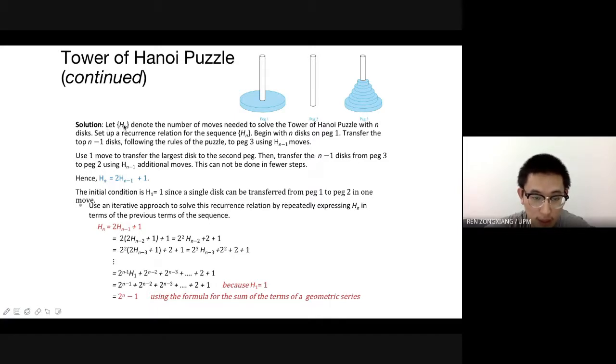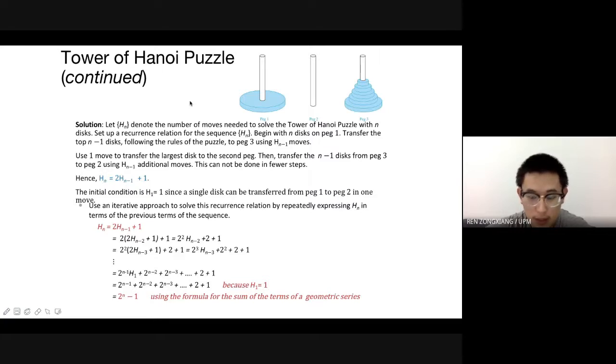Here we set H_n to denote the number of moves needed to solve the Tower of Hanoi puzzle with n discs. So H_n equals the steps we need to execute, and n means how many discs there are. Set up a recurrence relation for the sequence H_n, beginning with n discs on peg 1.